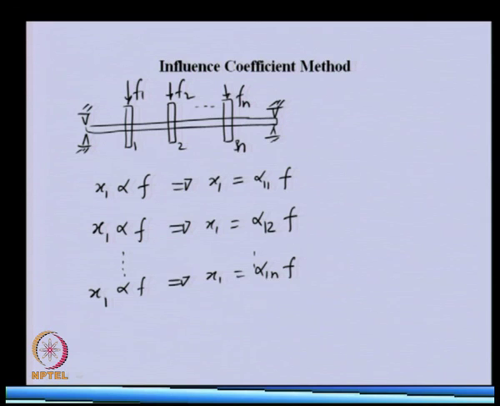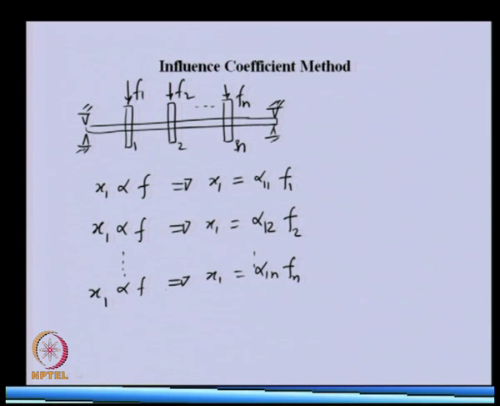Now, if you want displacement at disk 1, we can expect that there will be a summation of this; the only thing is we will be replacing these f's with different forces.